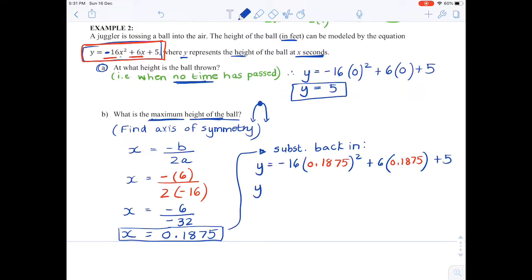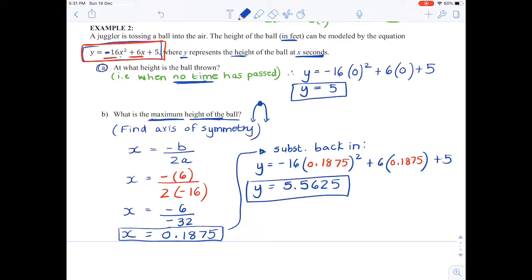If you put that into your TI exactly the way it is presented on the screen right now, you should get this answer, 5.5625.